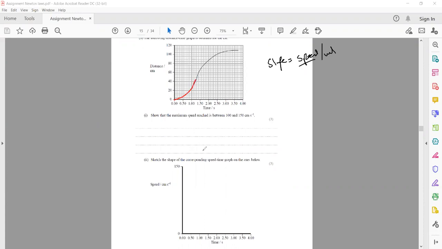We observe that the slope is increasing, so if the slope is increasing, it means the speed is increasing. Then it is a horizontal line, which means the speed is constant.